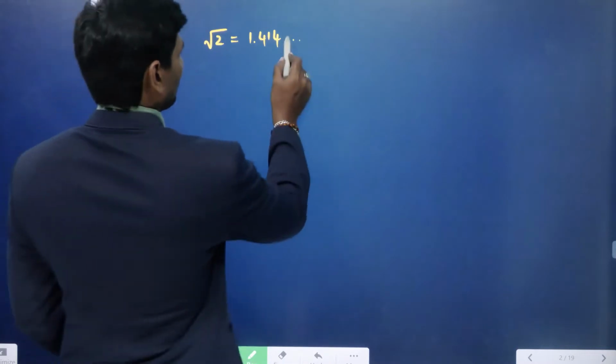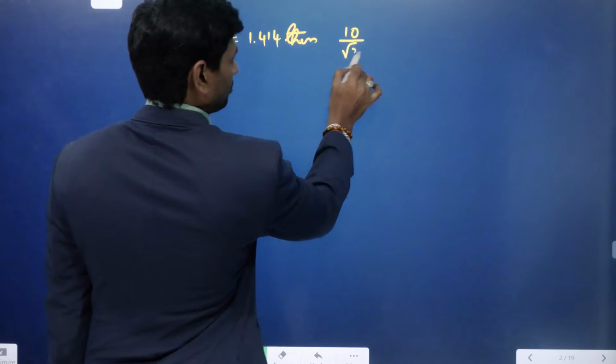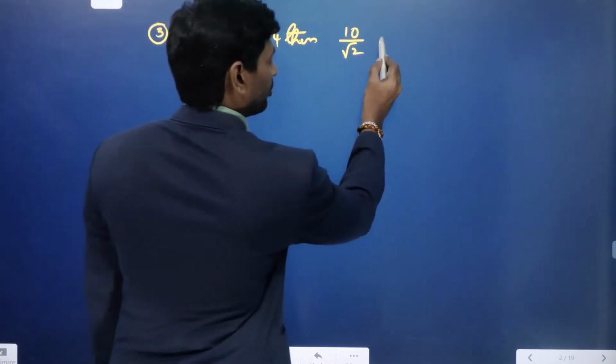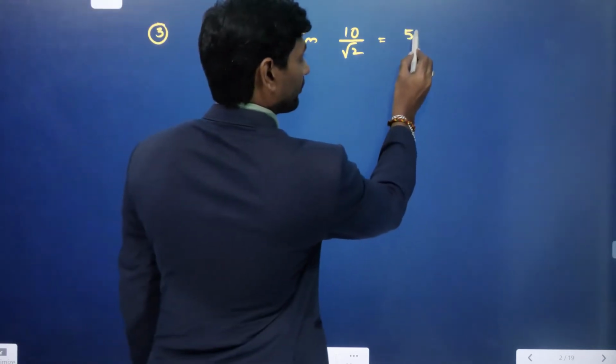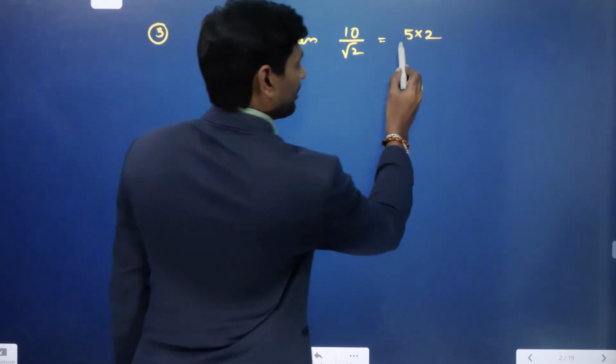Then we need to find 10 by root 2. How to find 10 by root 2? Before calculating, I am writing 10 as 5 into 2. Yes, so divided by root 2.